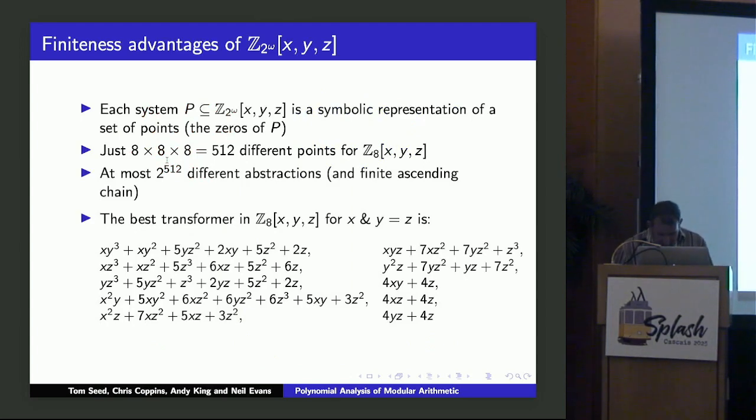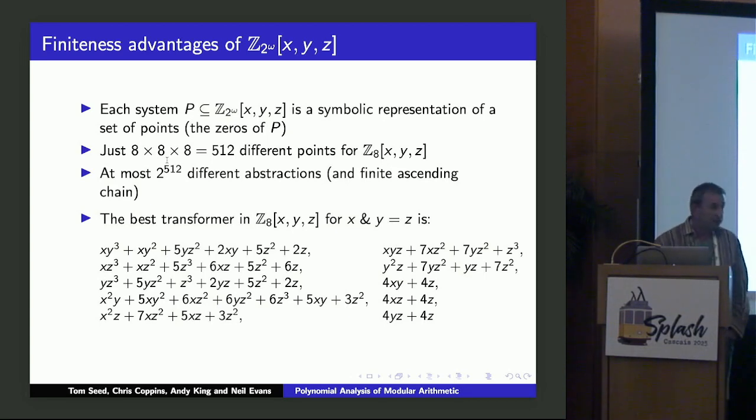Now, I think the most important part of this domain, and this was the motivation for the work, is that we were interested in microcontrollers. Neil Evans was interested in reasoning about bit-level properties for the analysis of 8-bit microcontroller code. And I think the main value of this particular abstract domain is that it satisfies the ascending chain condition.